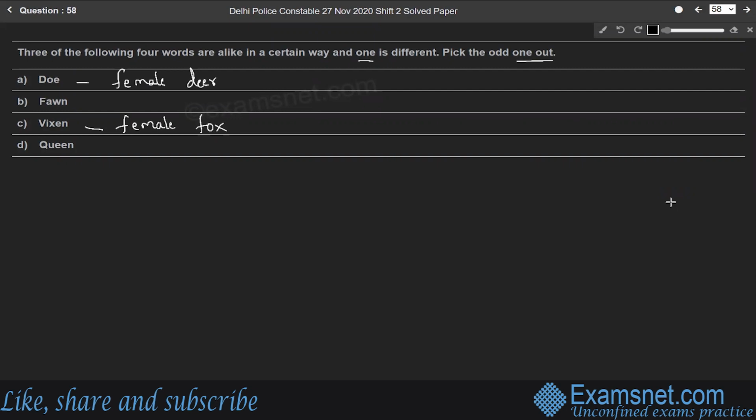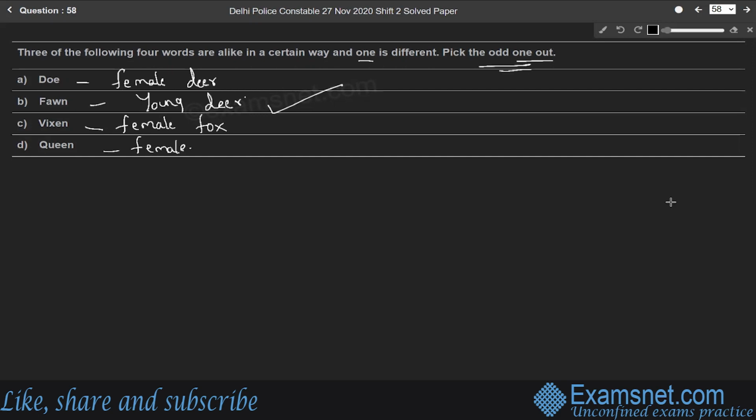Queen is a female. And fawn is a young deer. So except for fawn, all other words represent female species. Therefore, option B is the odd one out.